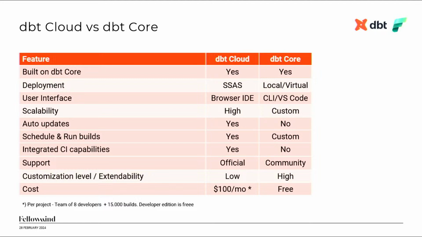When you're working with DBT Core, it's a local or virtualized environment that you're working in. You can develop locally, and you can deploy to a virtualized platform where you can run your builds. As for the user interfaces, you get a full browser IDE experience with the SaaS platform. When you're working with the core version, you're working with more of a command line interface and Python code.